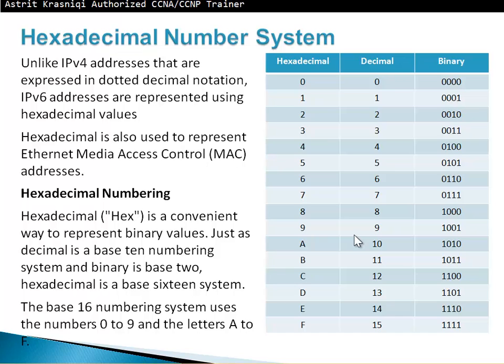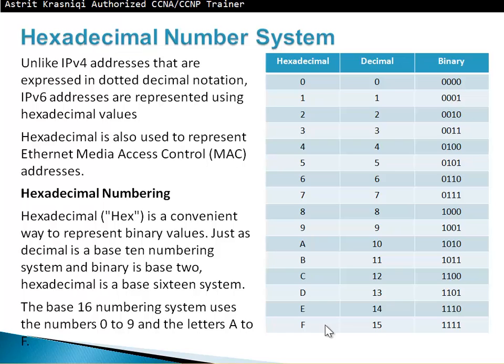Just as decimal is a base 10 numbering system and binary is base 2, hexadecimal is a base 16 system. The base 16 numbering system uses the numbers 0 to 9 and then the letters A to F. So we have 0 to 9, same as decimal. Then for 10 we have A, B for 11, C for 12, D for 13, E for 14, and F is 15.